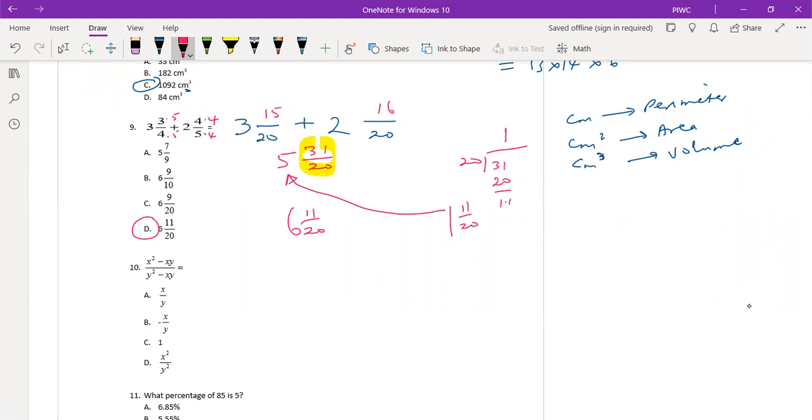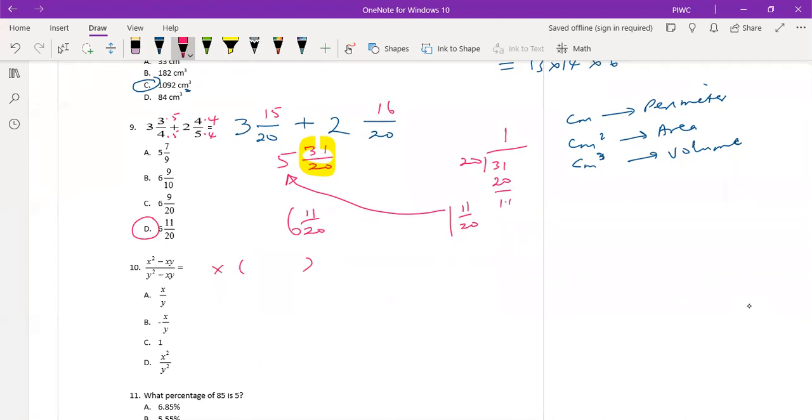Number 10. For number 10, you have to factor out first. So a common factor here, X is a common factor in the numerator.